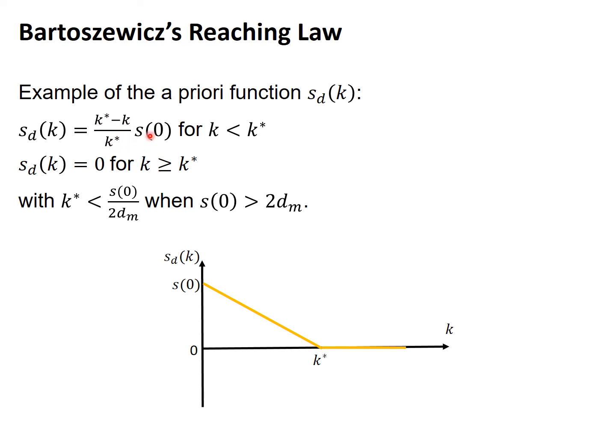Some fraction of S0 we are having, and when it becomes K star, then it drops to 0, and from then onwards it is kept at 0. From K star onwards it is 0, like this.